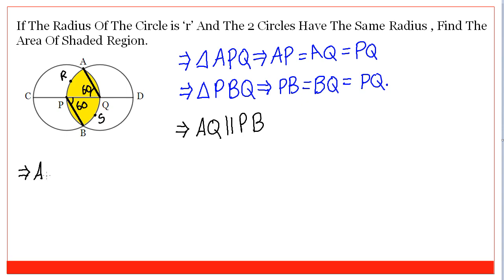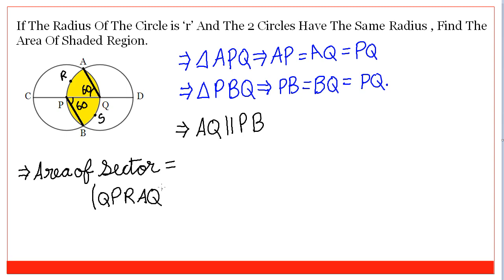So area of the sector, I'm going to take out the area of the sector, so I'm writing it in brackets, that would be QPRAQ. So area of the sector QPRAQ equals pi r squared upon 360 degrees times the angle, that is theta.